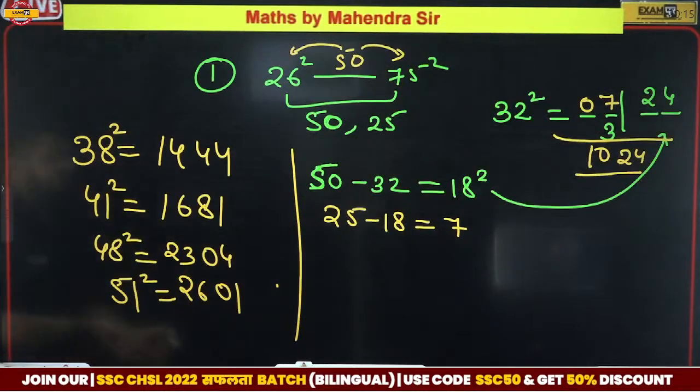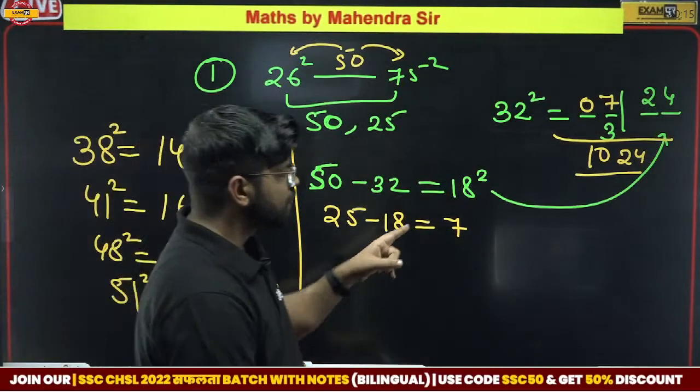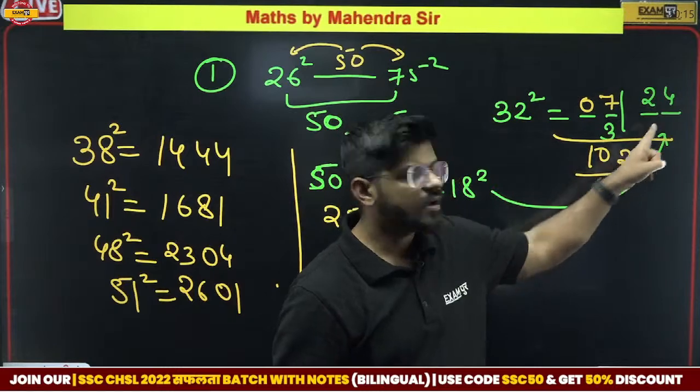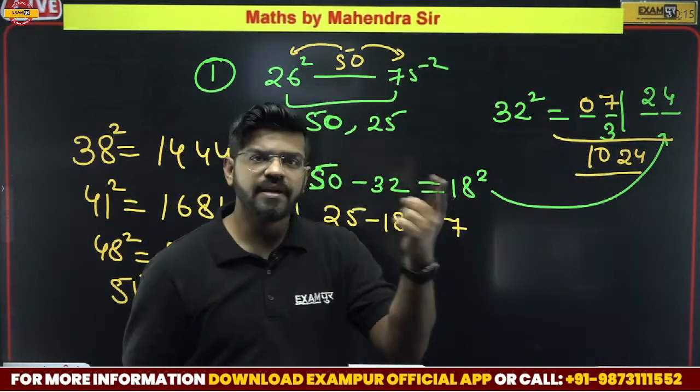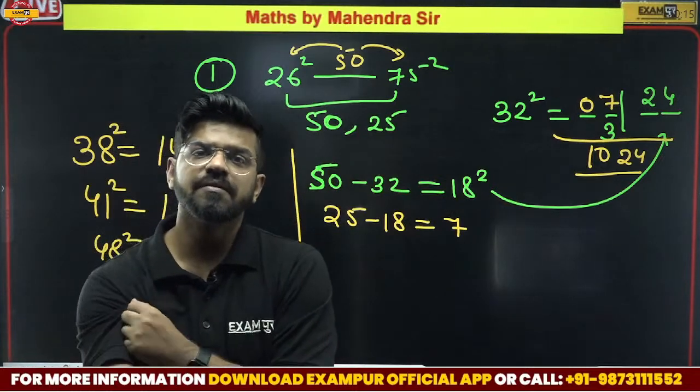What's the trick? So you know that now we always square this number and write the last 2 digits. How will we get this number?